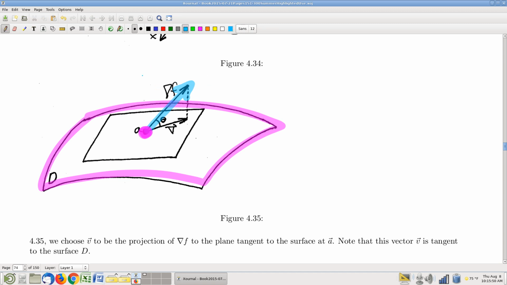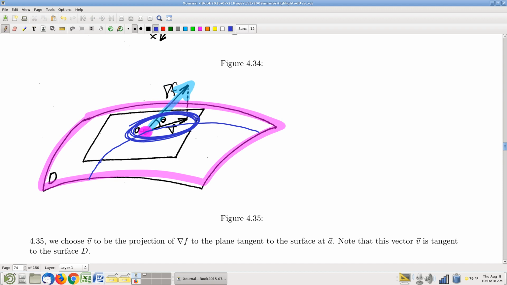Okay, so what we do, there's a simple way to resolve this. What we do is we simply say, okay, what vector tangent to the surface, what vector is there that actually is a derivative vector of some curve here in my constraint set? What vector is kind of closest to pointing in the direction of the gradient that, all else being equal, I wish I could go in that direction?